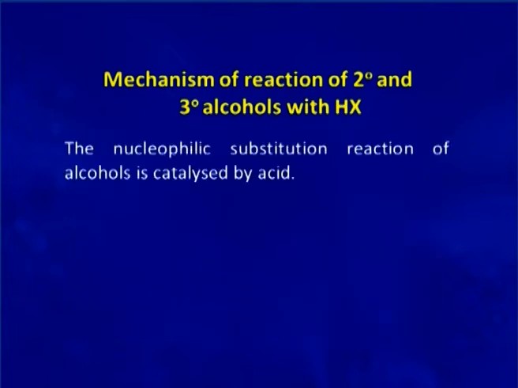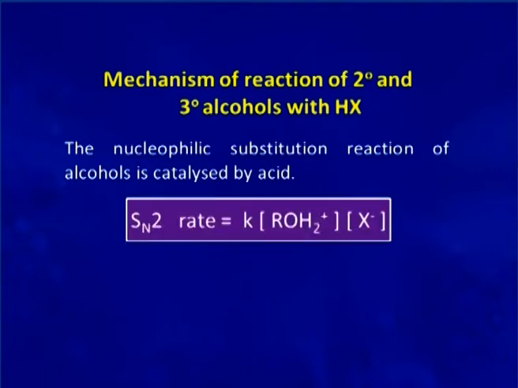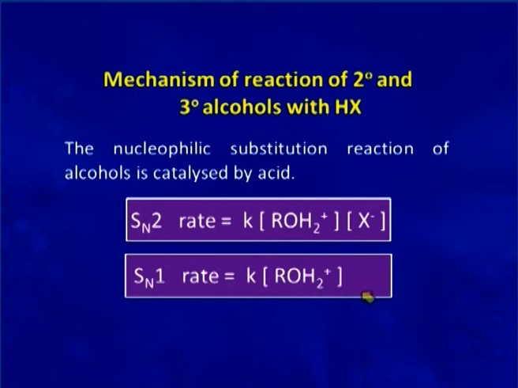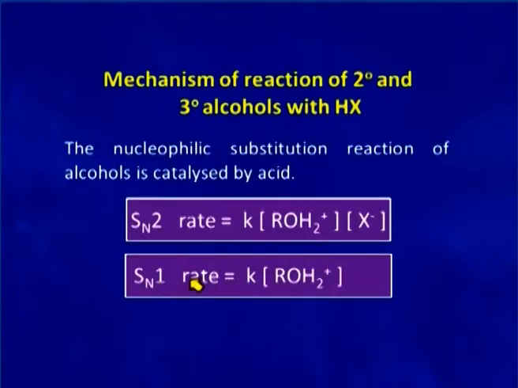The nucleophilic substitution, as we have discussed, follows SN1 or SN2 mechanism. In case of SN2, the rate of the reaction is decided by the concentration of both protonated alcohol as well as the halide ion, whereas in case of SN1, it is only the concentration of protonated alcohol which decides the rate of reaction.